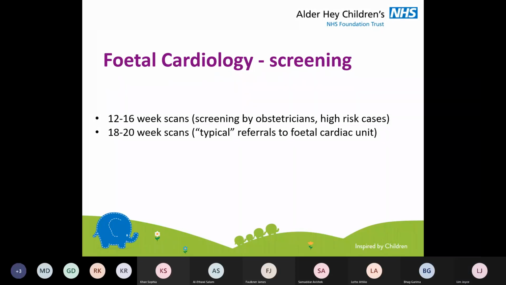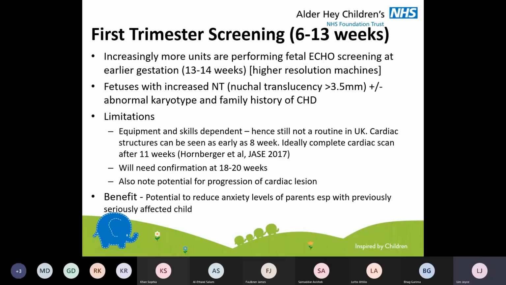So let's talk about first trimester screening between 6 to 13 weeks. As I said, it is increasingly being used in more and more units around the world, but it is not routine in the UK at this point in time.